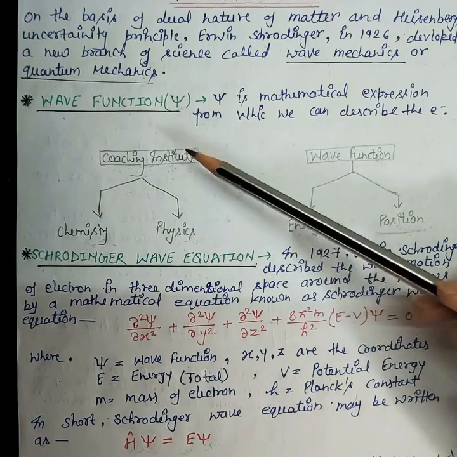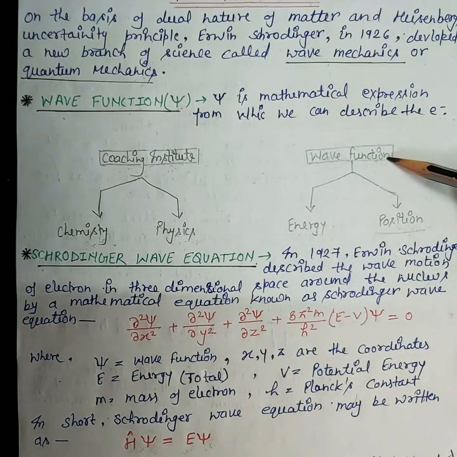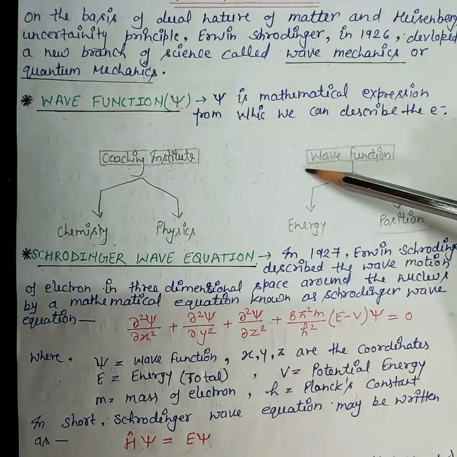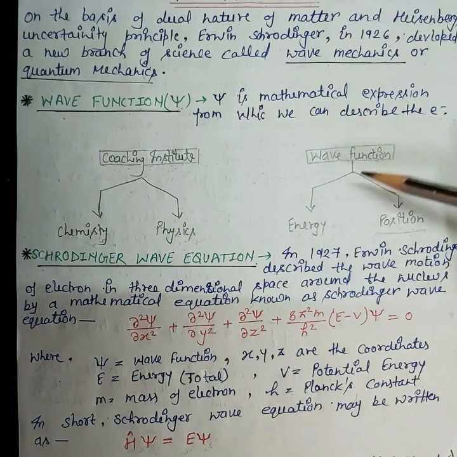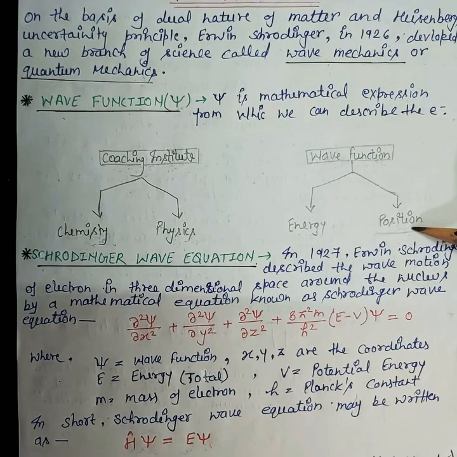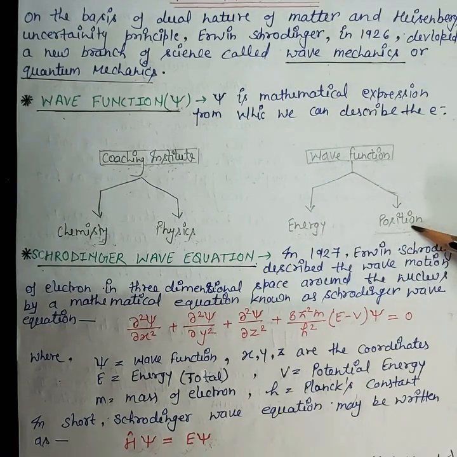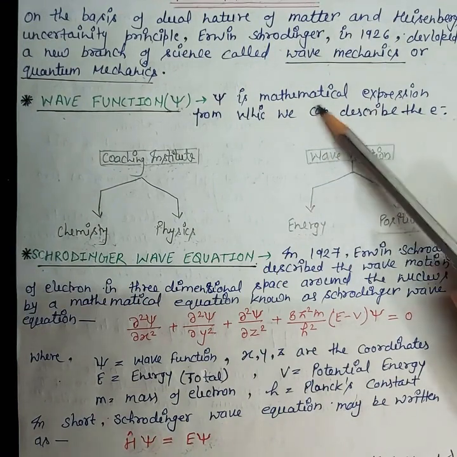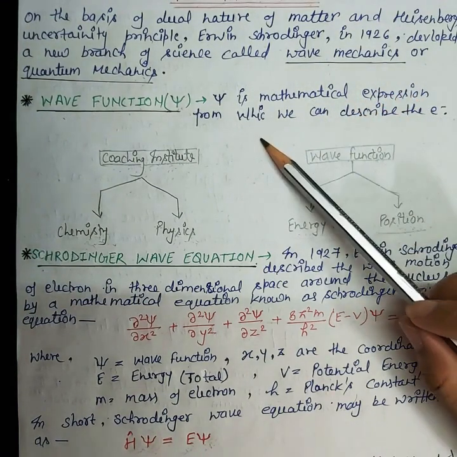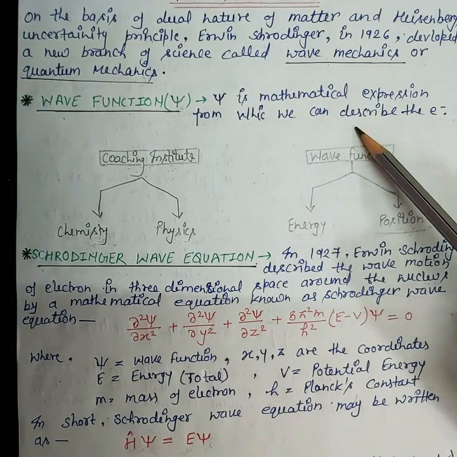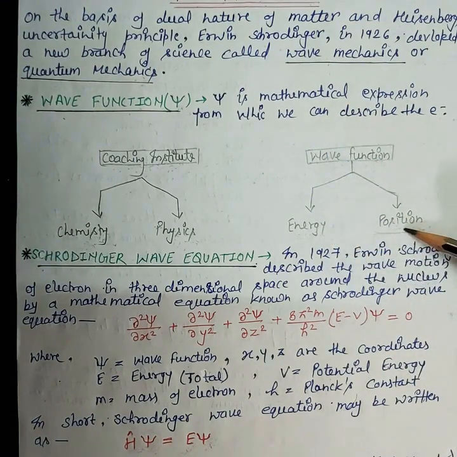Similarly, if you have the value of a wave function, only by knowing it you cannot get the value of energy or the position of the electron. You have to operate that value with some mathematical operators to get the value of energy and position. So wave function is a mathematical expression from which we can get information about the electron, like its energy and its position.